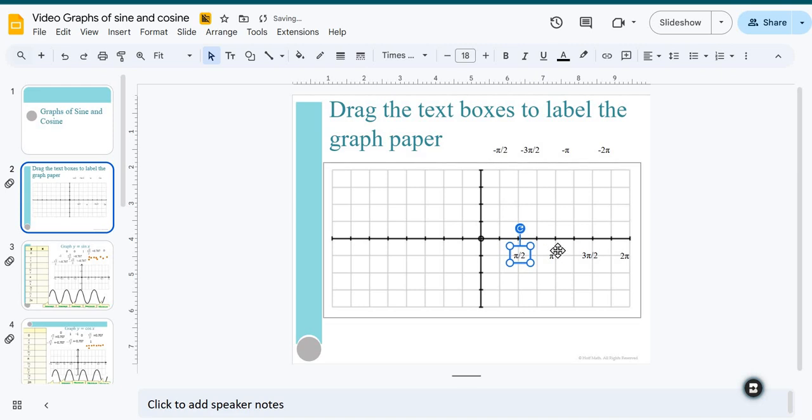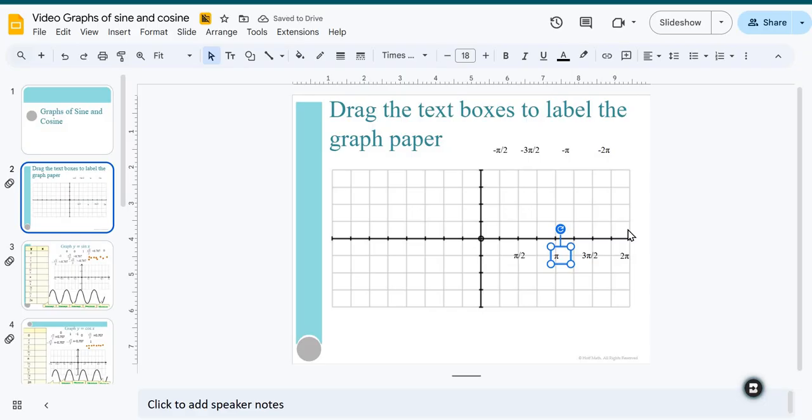Similarly, you need to be editing your Google Slides to represent the same thing.